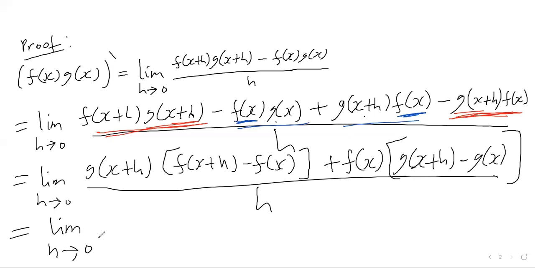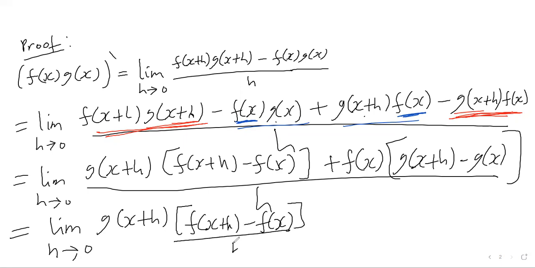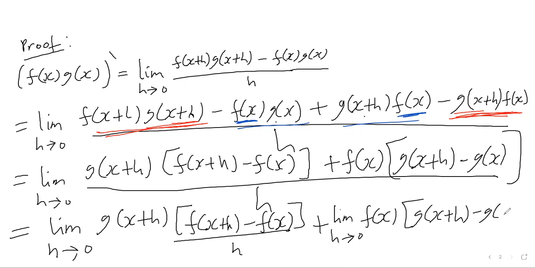So you've got the limit as h goes to 0 of g of x plus h multiplied by this f of x plus h, subtract f of x, all divided by h, and then plus the limit as h goes to 0 of f of x multiplied by this g of x plus h, subtract g of x, all divided by h. Okay, cool.